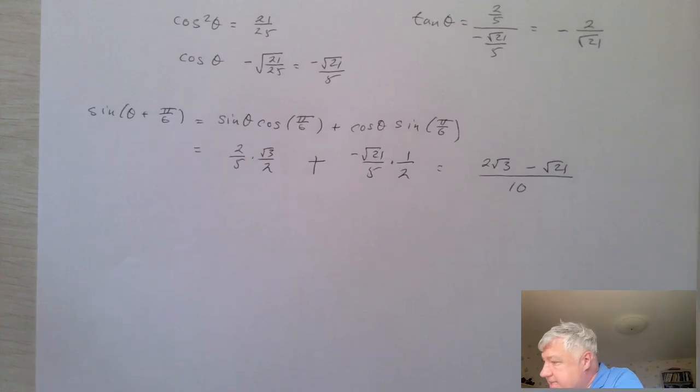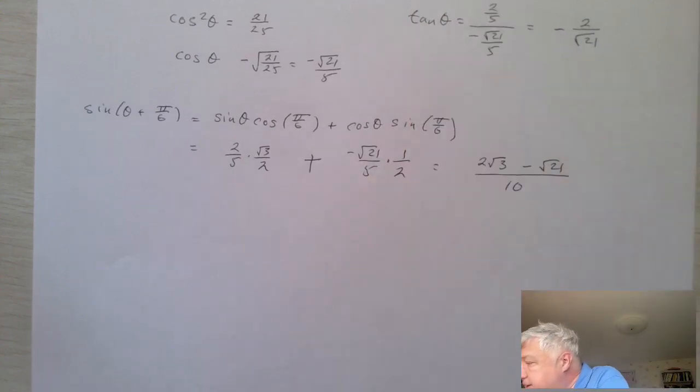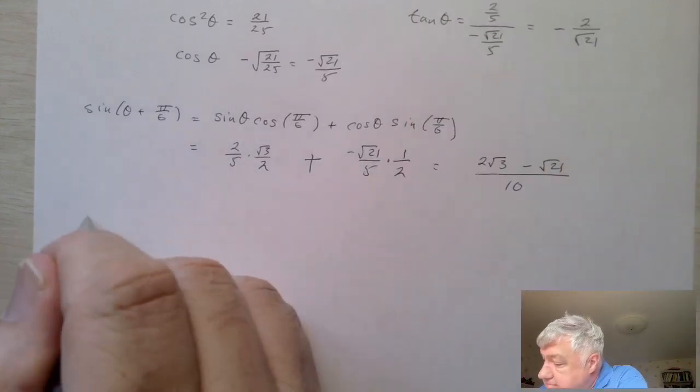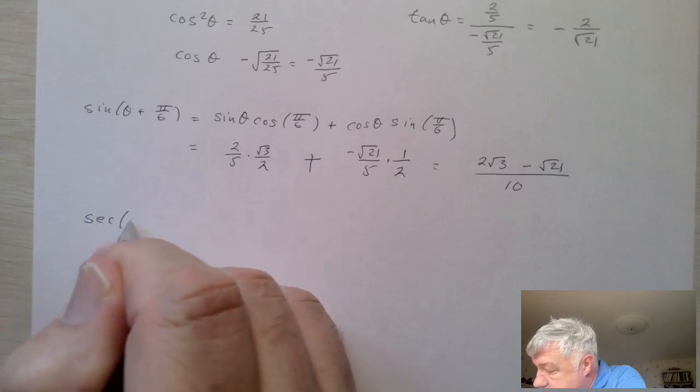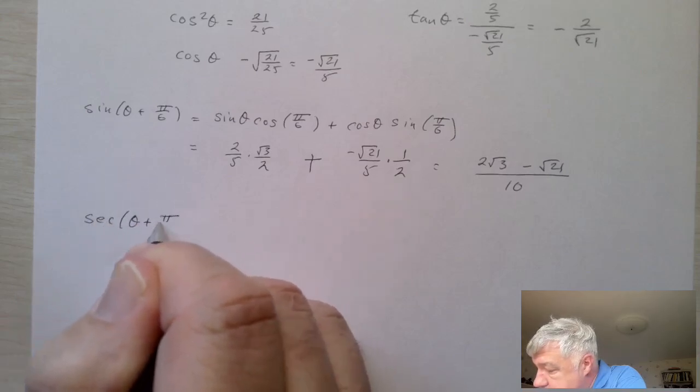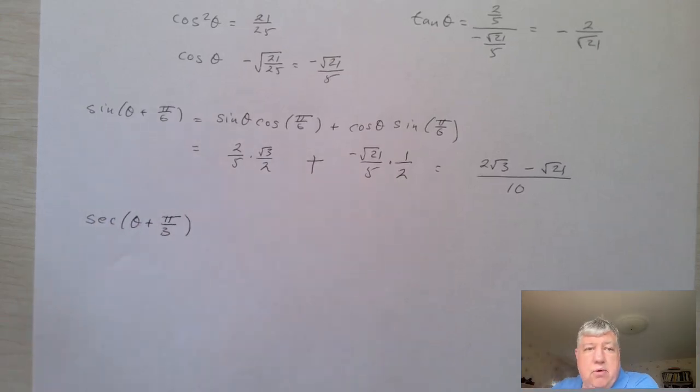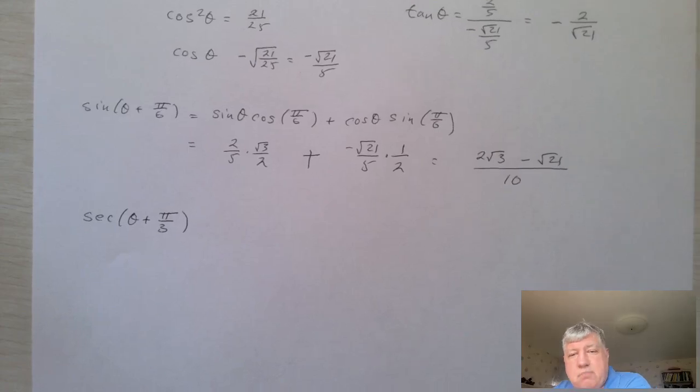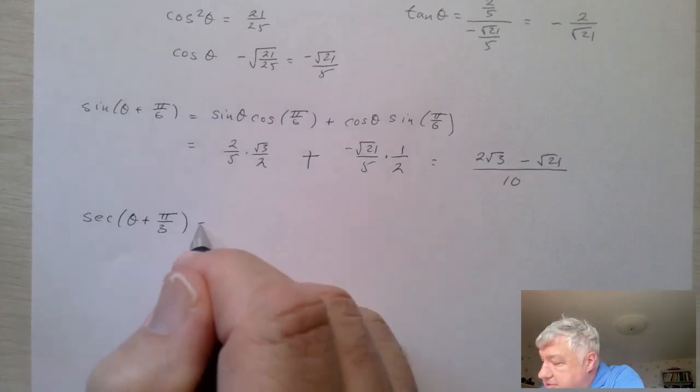The secant of theta plus pi over 3. Okay, now of course there's no sum or difference formula for the secant, but we don't need one because we know the secant is just 1 over the cosine.